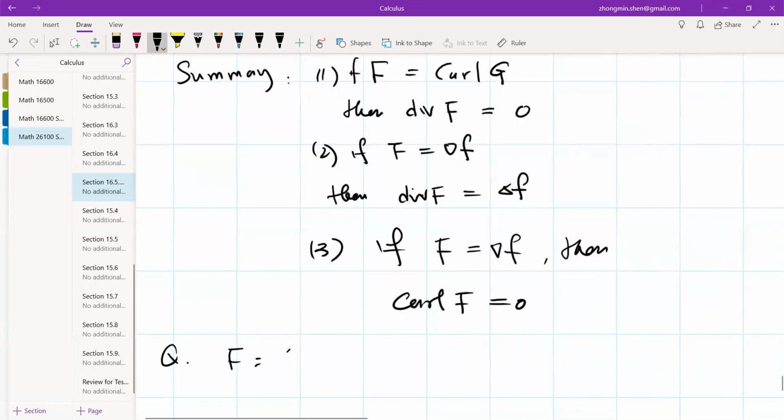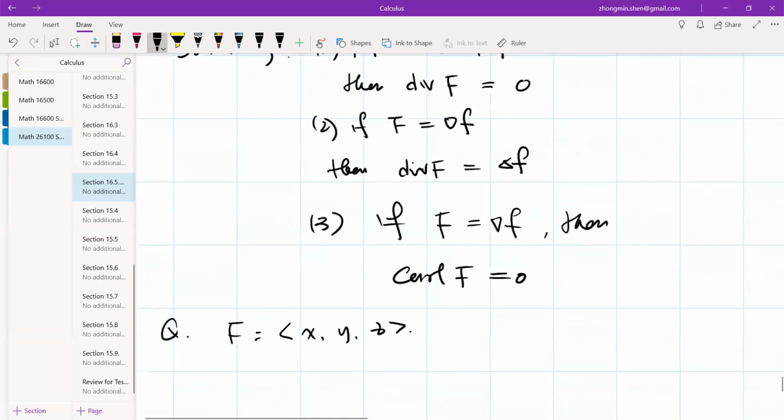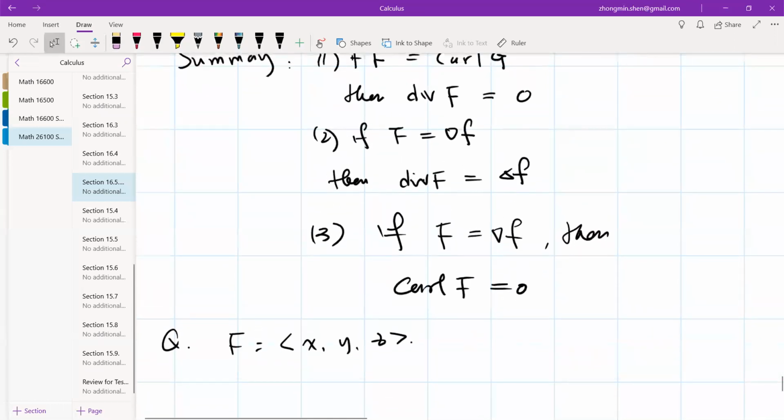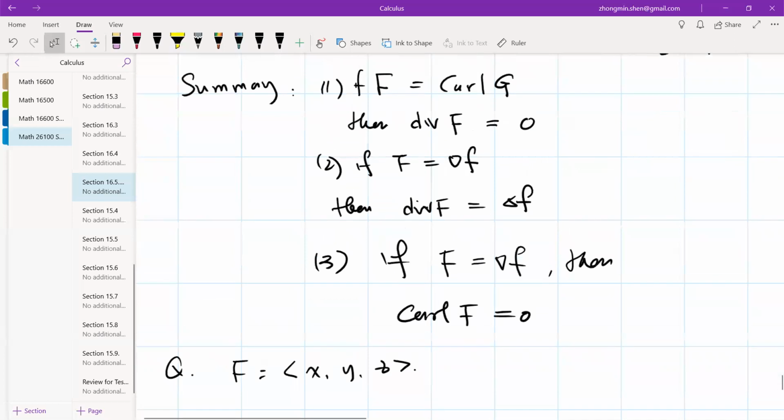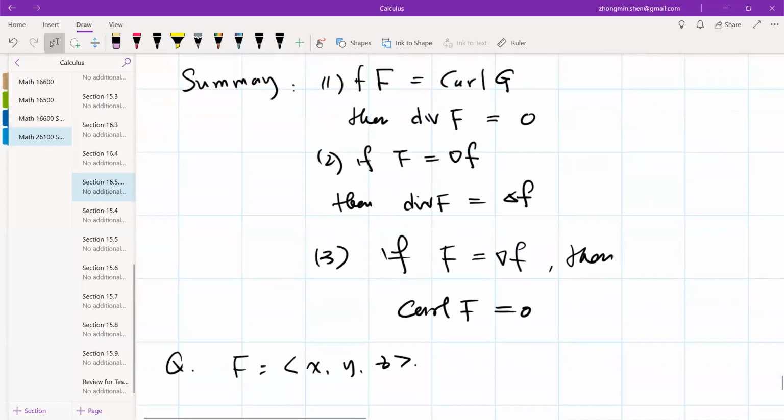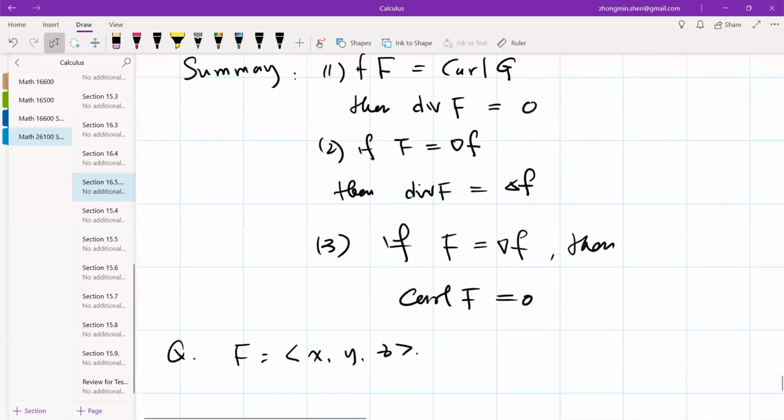Let's do one more example. We consider f to be 2x, y, z. Let me explain this example.